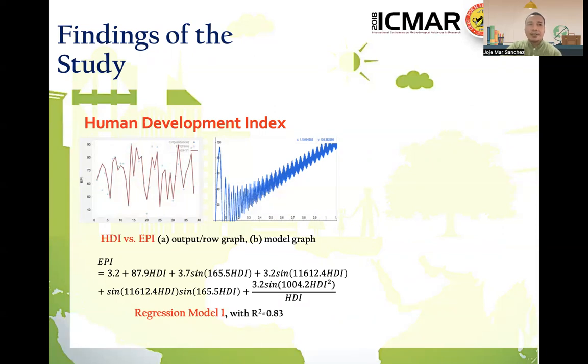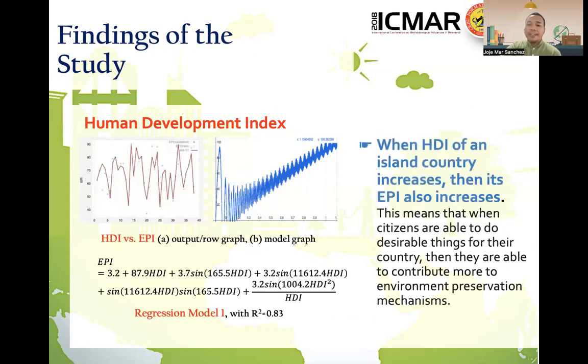And what do these graphs mean? When HDI of an island country increases, then its EPI also increases. This means that when citizens are able to do desirable things for their country, then they are able to contribute more to environmental preservation mechanisms.